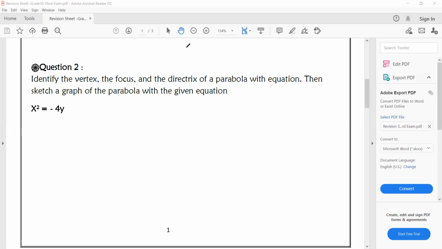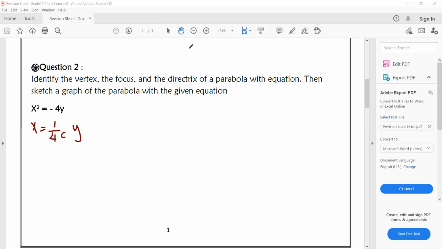So what will the equation of the parabola be? It could be y equal 1 over 4c x squared, or x equal 1 over 4c y squared.